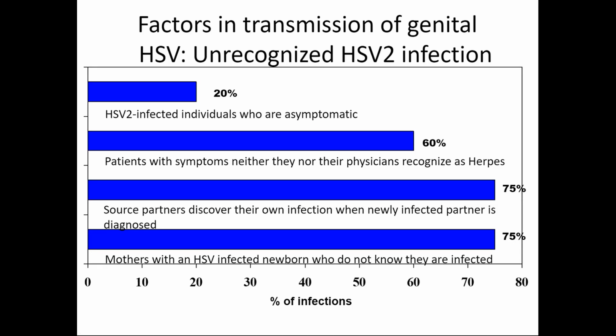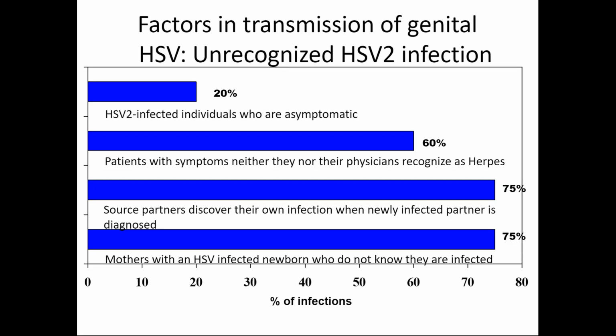Now let's focus more on HSV-2 genital infections. One of the major factors in transmission of genital HSV-2 is unrecognized infection. 20% of HSV-2 infected individuals are truly asymptomatic. They have absolutely no symptoms.